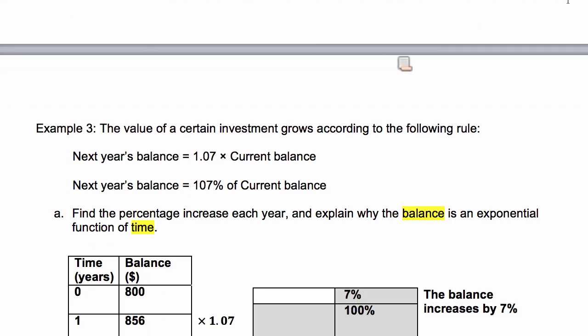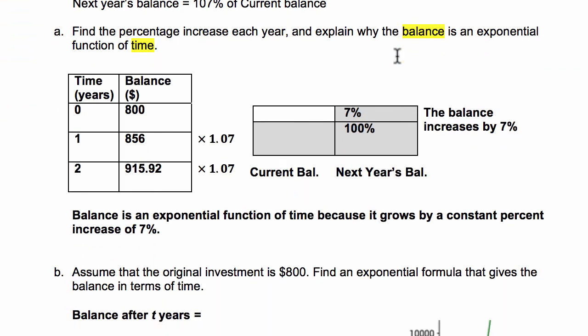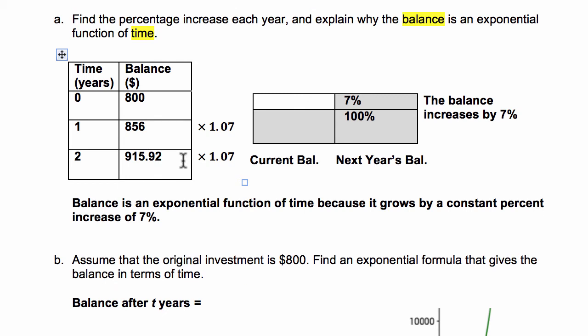In our example, the initial value is equal to $800, and the base is equal to 1.07, since that's what we multiplied the current value by to get to the next value. So our formula is 800 times 1.07 to the t. And since this gives the balance after t years, and balance is in dollars, the unit here is dollars.